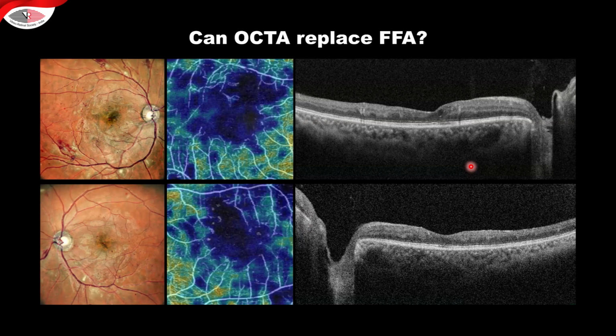A word about OCT angiography. It's an extensive area, but I'll just briefly go over it in relation to diabetic retinopathy since it's an important aspect. With OCTA, without the dye, we are able to see some of the perfusion status of the retina.